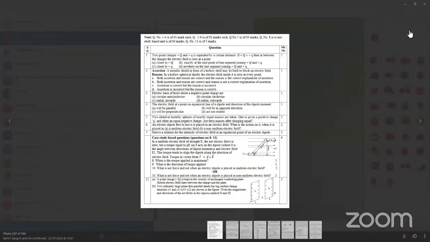So first was reasoning and assertion, right? Okay. 2 point charges are separated. Okay. And then the electric field between them is closer. What's your answer? 2 point charges. Serial number 1. First question ये था ना?